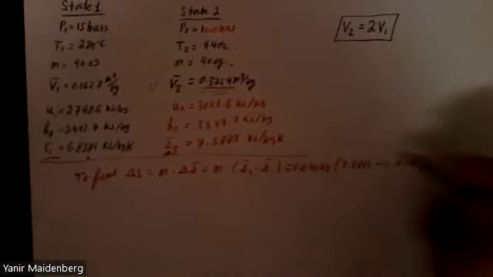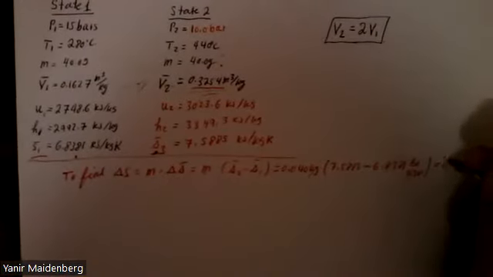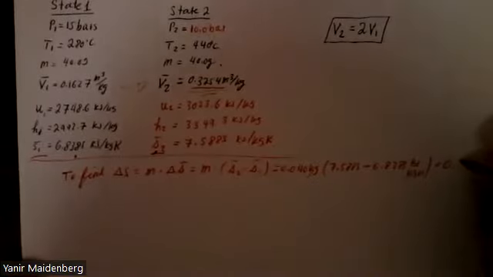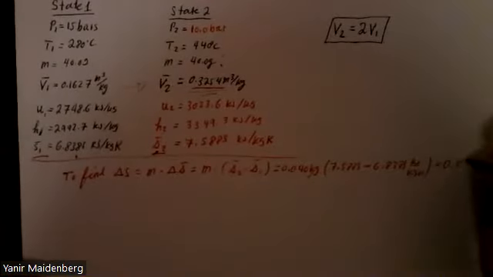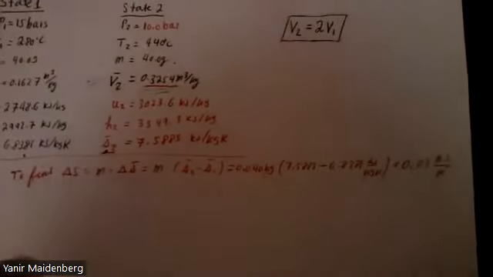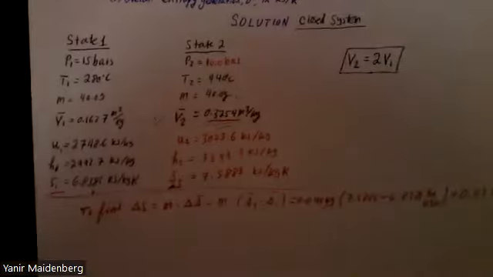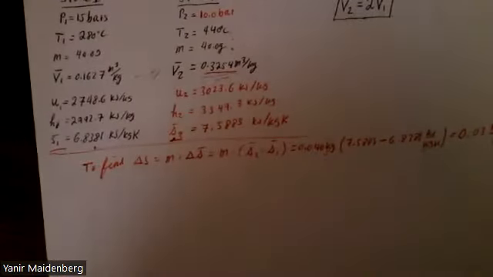The kilograms cancel. And I am left with the answer to part 3, which is 0.03 kilojoules per Kelvin. So I just kind of skipped part 2 for a sec. That gave me delta S for the system. Okay, I need Q, so I'll get Q. It was just right in front of me, so I jumped into that.